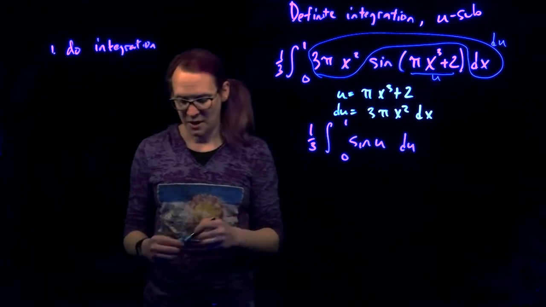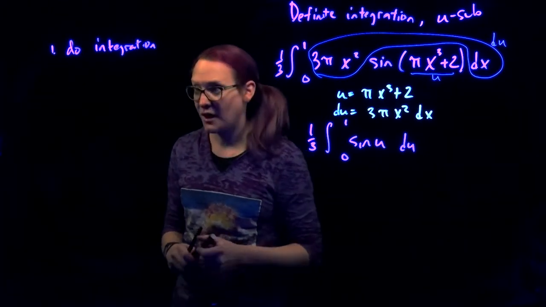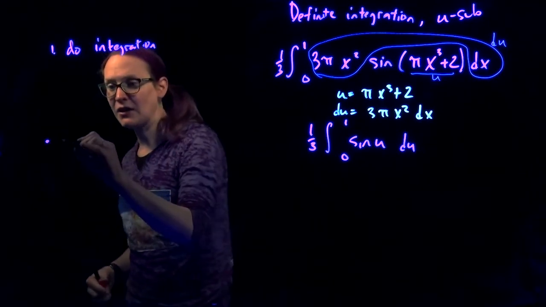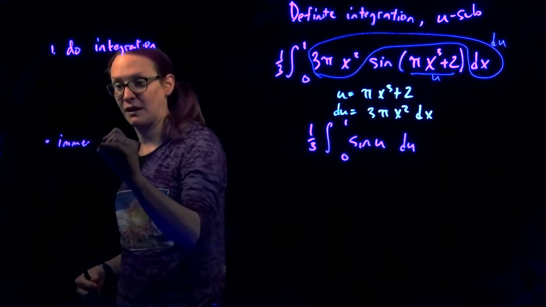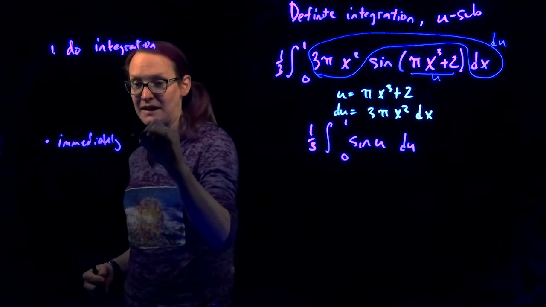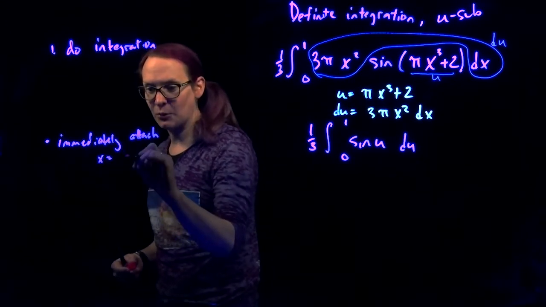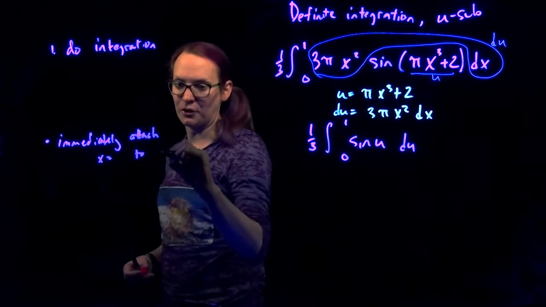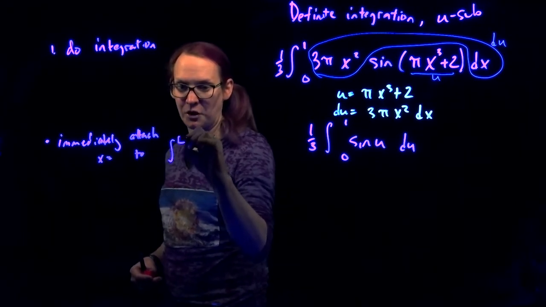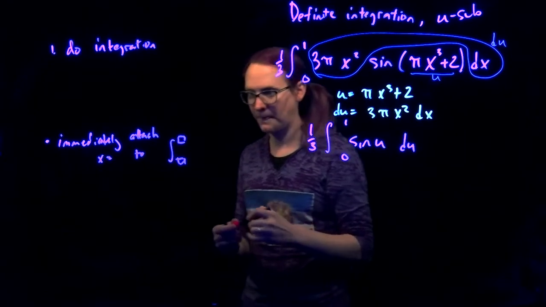So my first bit of advice is I think you should immediately attach the x equals to the upper and lower bounds. So this part right here and that part right there.